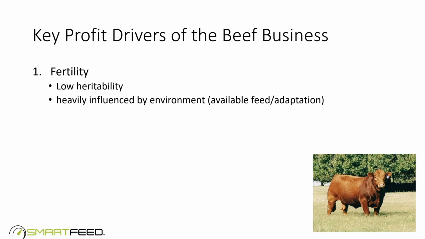And so I think this is probably a really great opportunity to point out that there has been really good data that shows a positive relationship between feed efficient animals and fertility, which should make some sense in all reality here. We have animals that are more efficient, have a lower feed requirement.